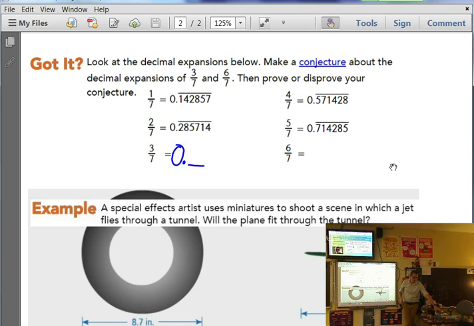Anthony? Jack? 4. 3/7 is just under half. Think about it, 3 out of 7, you don't quite have half. So if I start with the 4, I have to keep my numbers in the same order. What comes after the 4? 28, 57, and then I need my 1. So 28, 57, and then my 1, and that whole thing repeats.